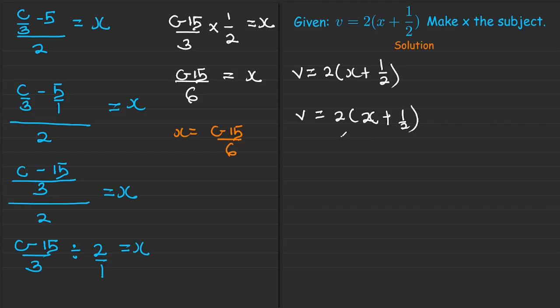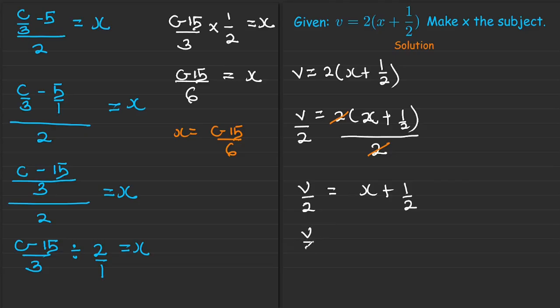If you are dividing both sides by 2, we have all this right-hand side divided by 2, and our left-hand side also divided by 2, where 2 cancels out 2. Hence, we have v over 2 being equal to x plus 1 over 2. What do we want to make the subject? x. We are going to subtract half from both sides.